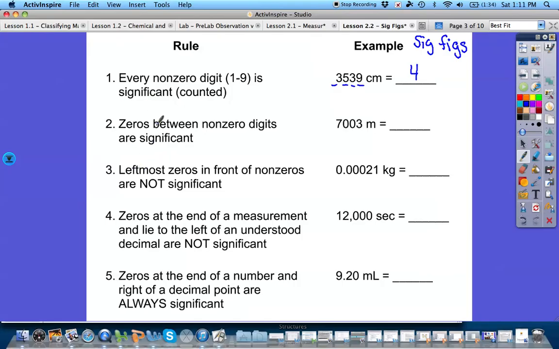Sig digs. The second rule says zeros between non-zero digits are significant, so you can think of these zeros being bookended by non-zero digits or sandwiched by non-zero digits.